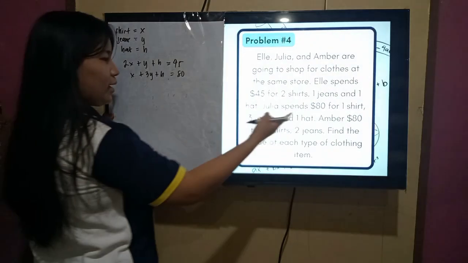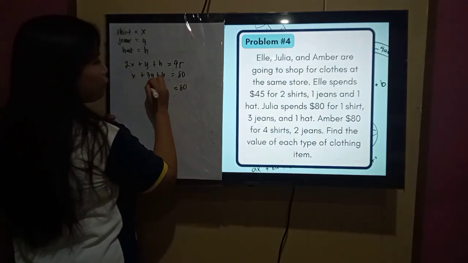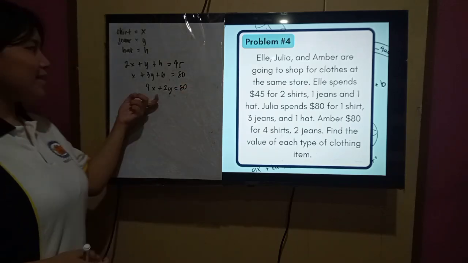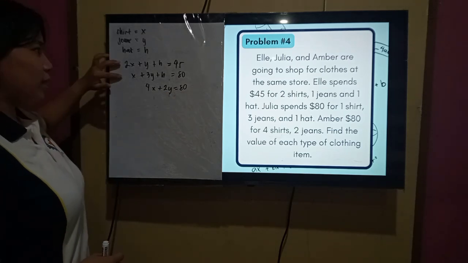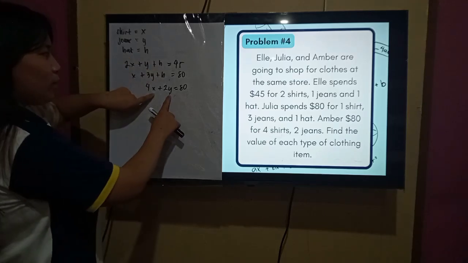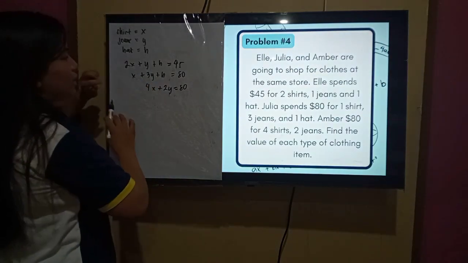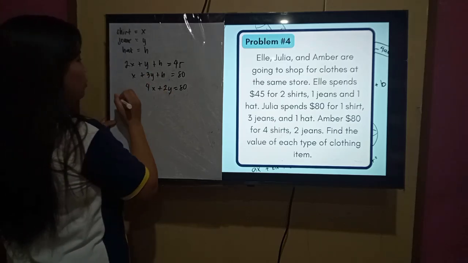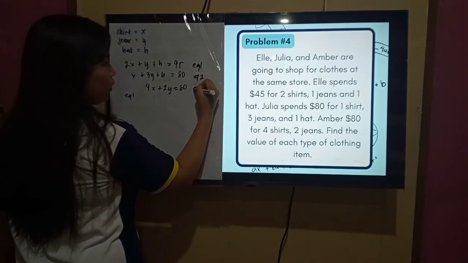So, Amber also spent $80, but she only bought shirts and jeans. So, we have 4X plus 2Y. Now, we immediately have an equation in 2 variables. So, we can eliminate H here so that we have 2 variables in our linear equation. Let's multiply this by negative 1 so we get a negative and can cancel H. So, equation 1, equation 2, equation 3.